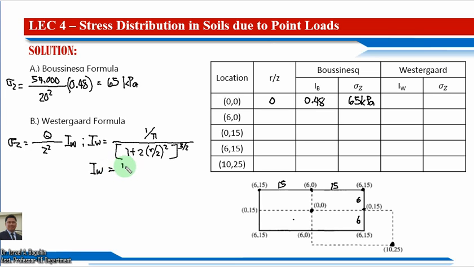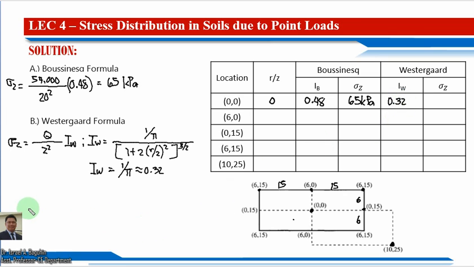1 over pi. Simply, this is equivalent to 0.32, so we are going to put it here as 0.32.